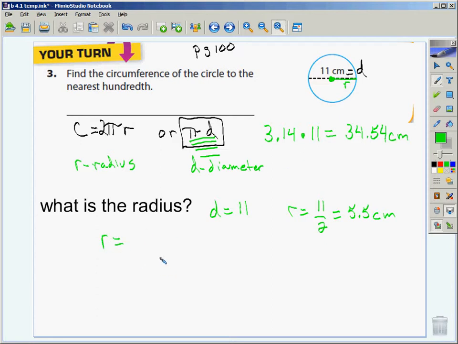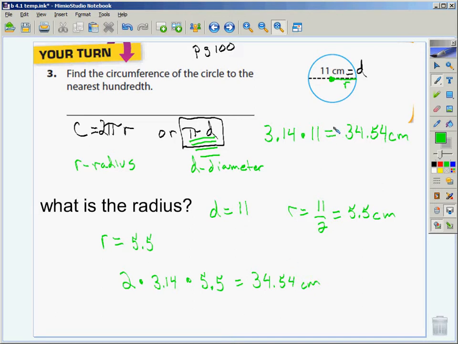If I were going to find it using the radius, okay? And we found the radius was 5.5, if that's the way they gave it to me. I'd have to take 2 times 3.14 times 5.5. If I do that, what is it going to give me? It's going to give me 34.54 centimeters.